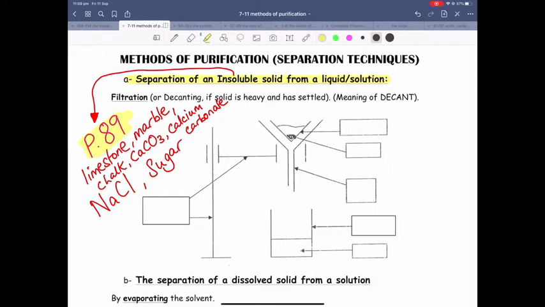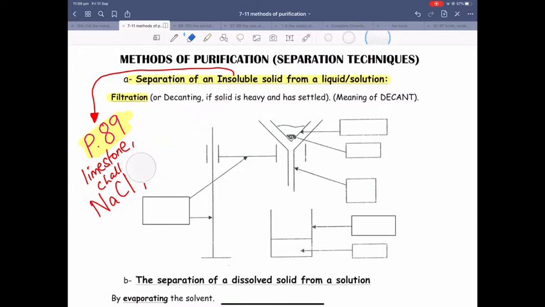Now, filtration is the name of the technique. Filtration, okay. Let me just rub this out to make a bit of space. And then it mentions something called decanting.